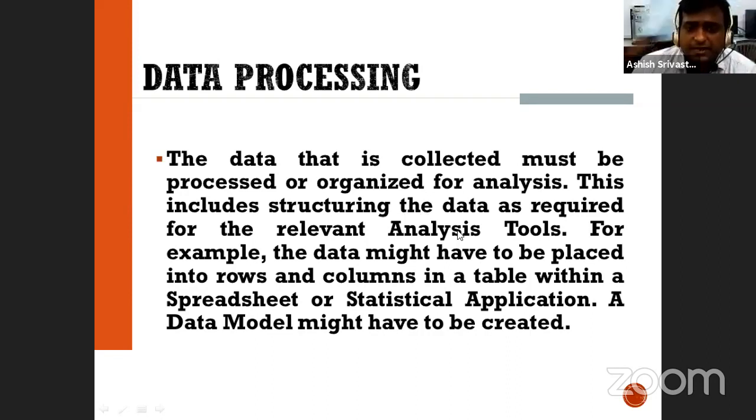This includes structuring the data as required for the relevant analysis tool. And to process the data, we can use different analysis tools that we will discuss in this session in the form of MS Access, through which we can analyze the data in different manners. There are various other programs or softwares, just like spreadsheet, statistical applications, through which we can perform data analysis or data processing.